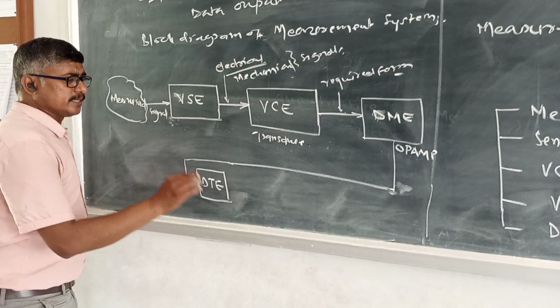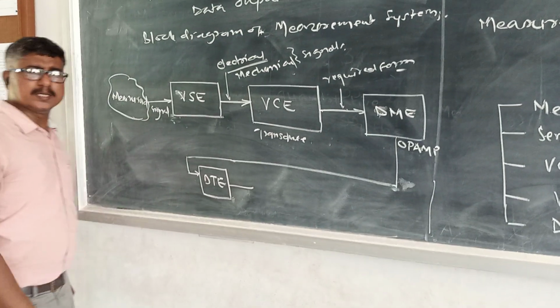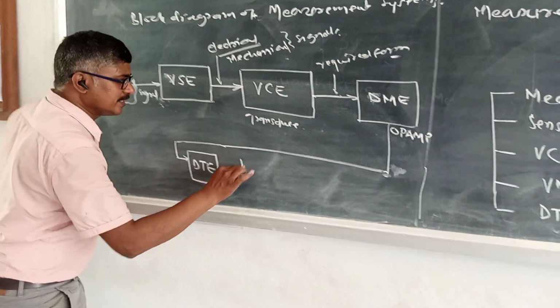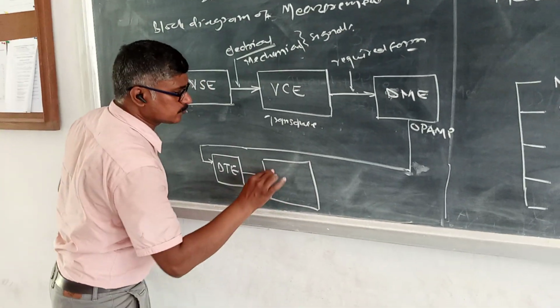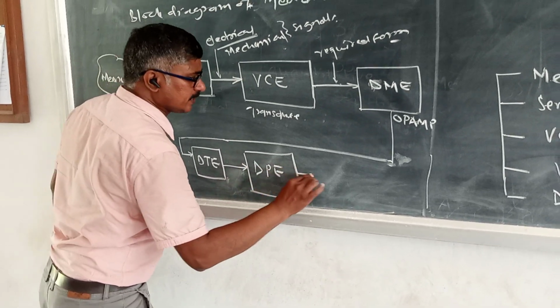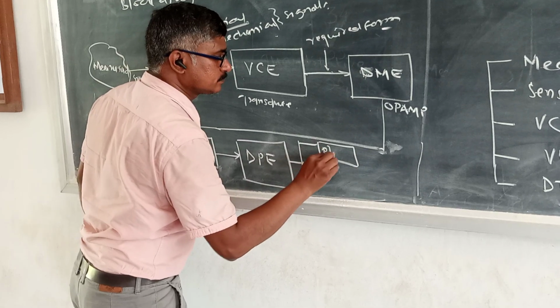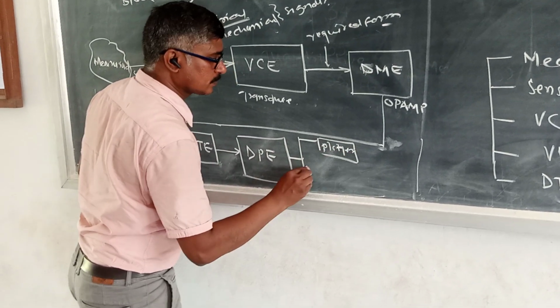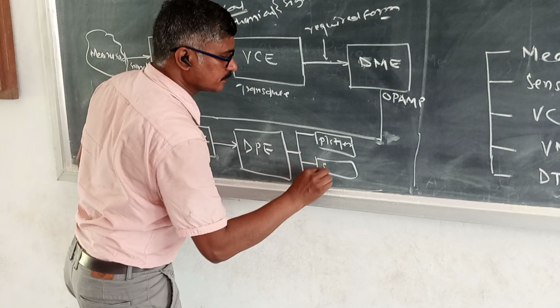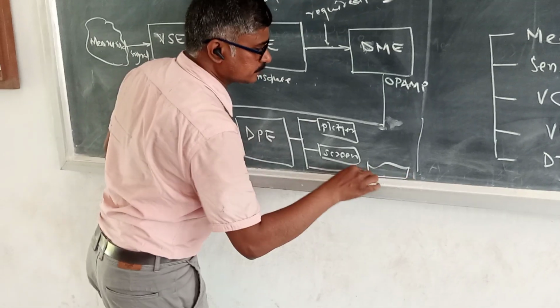So there are various types of connectors for interfacing to the display device, that is the data presentation element. The display device is either a plotter or a screen or a recorder.